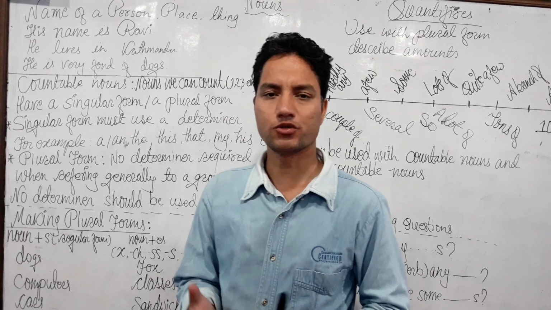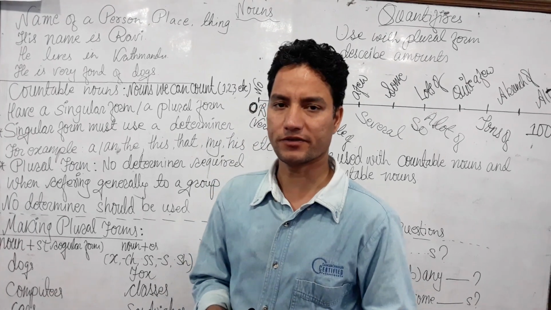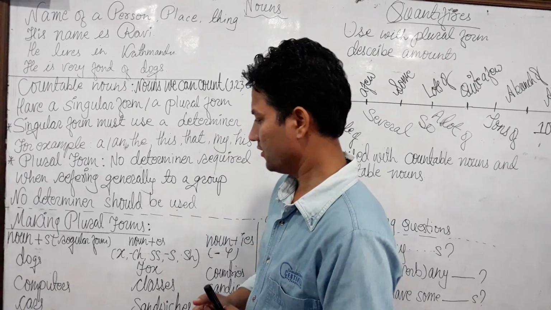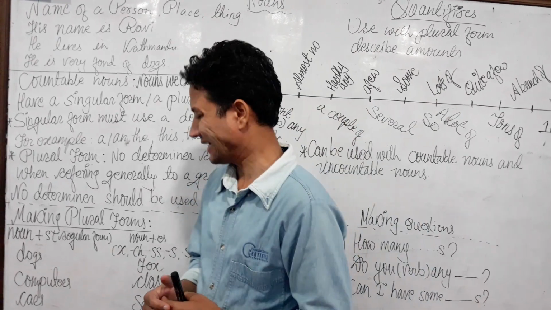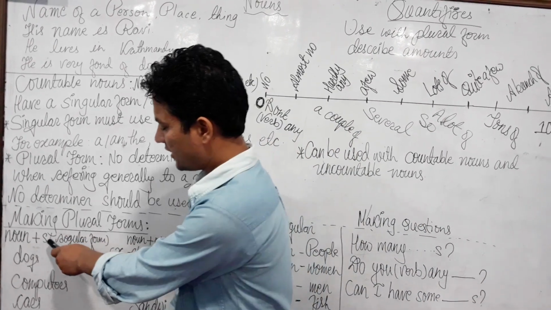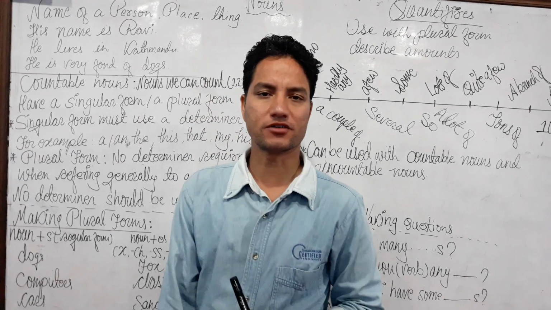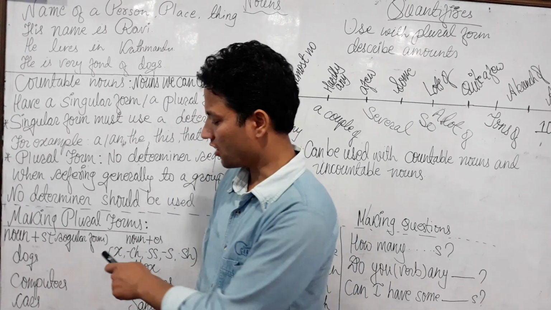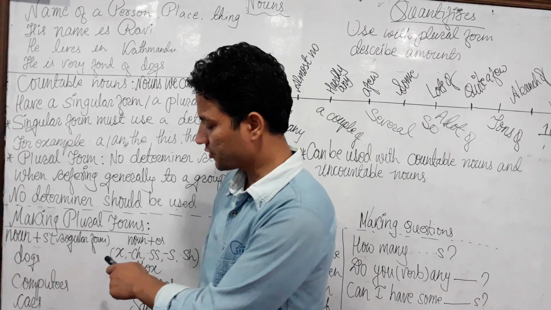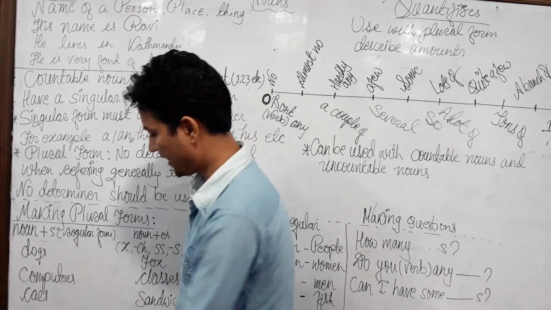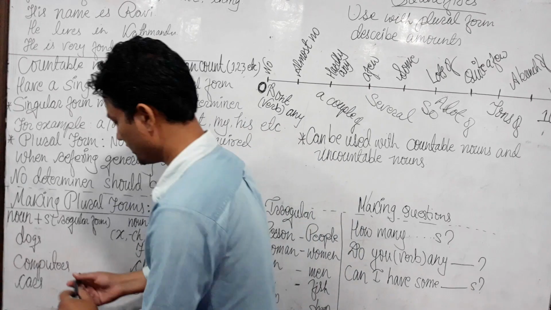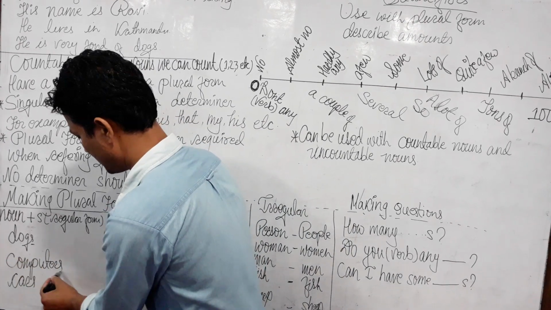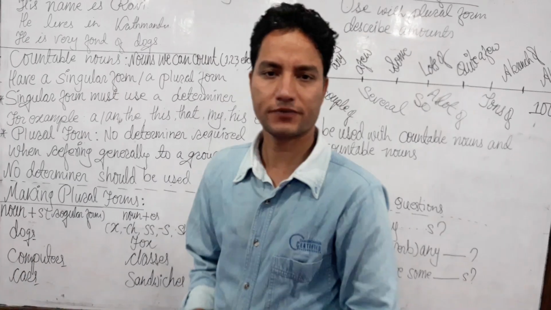Similarly, how do we form plurals of countable nouns? A very simple way is to add s after the singular noun. For example, dogs, computers. We added s here, and here, right?